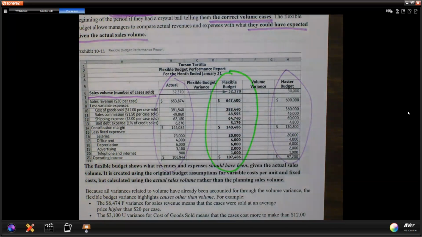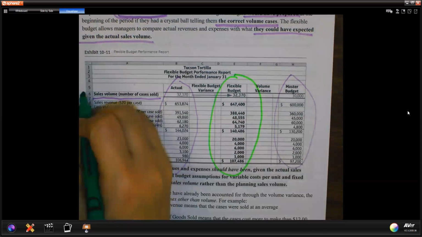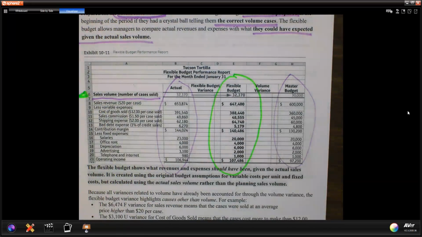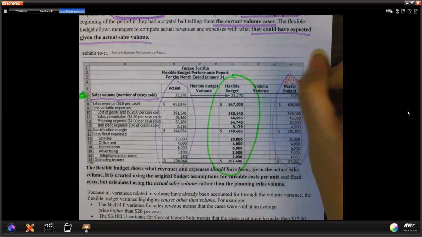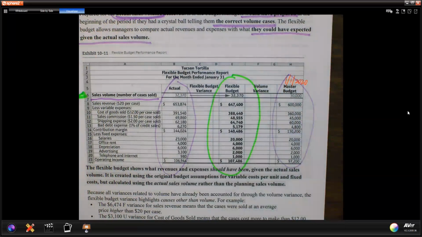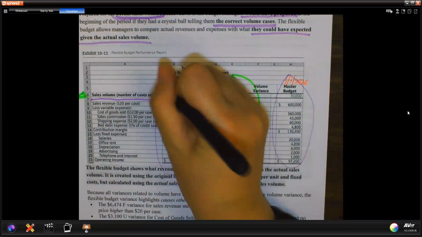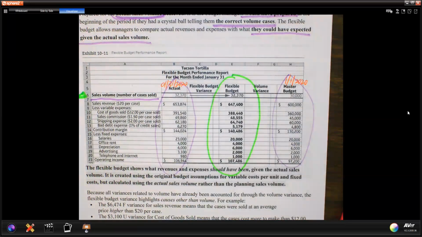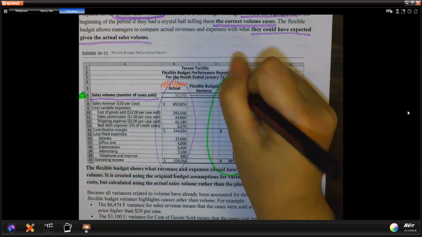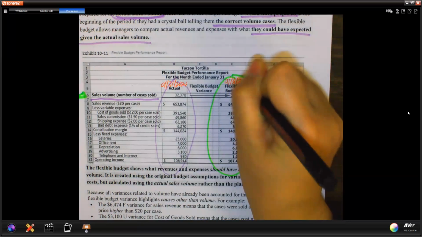So what's the main difference? Look at here. The main difference is in this row, sales volume. At the beginning of the year, you have this master budget, January 1st, 2020. You got your actual January 31st, 2020. You also do your flexible budget January 31st, 2020.